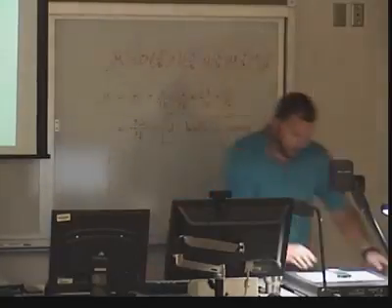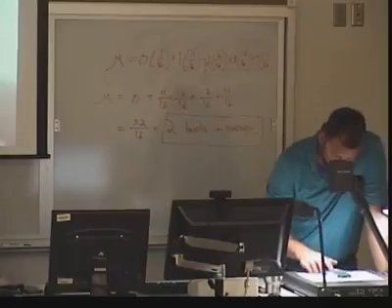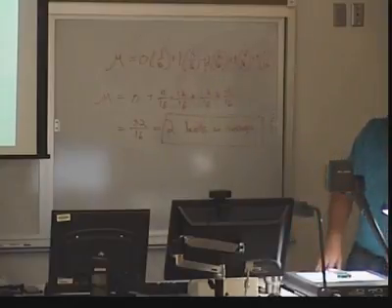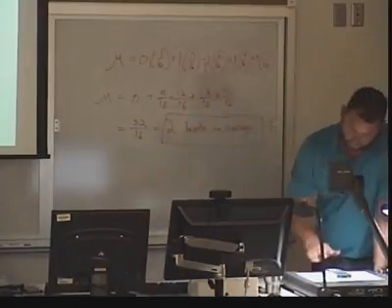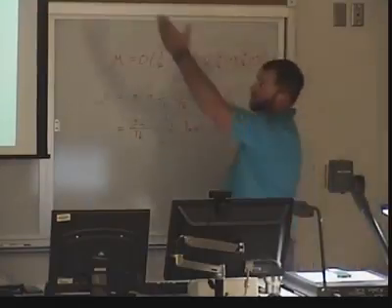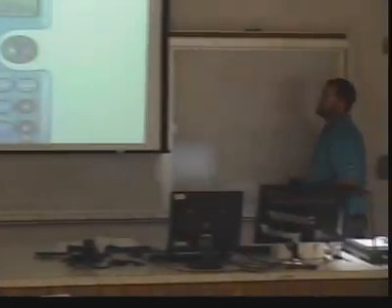So 4 times 0.1 to the first, so 1 success, times 0.9. If there's 1 success, how many failures are there? 3. About 30% of the time, which is in between 65% and 5%. So about 30% of the time, you would expect 1 out of 4 adults to pass the test.